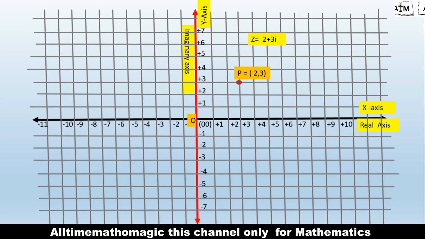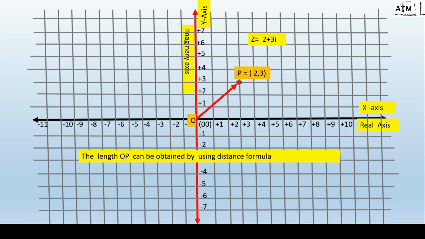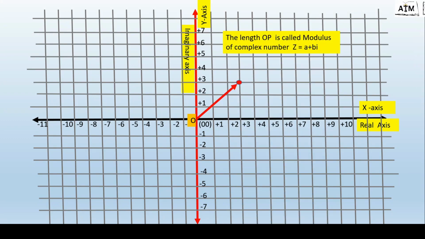Now join the origin with the point P. Then the length OP is called the modulus of the complex number z equals 2 plus 3i. The length OP can be obtained by using the distance formula. In general, if the given complex number is in the form z equals a plus ib, then point P can be represented by (a, b).